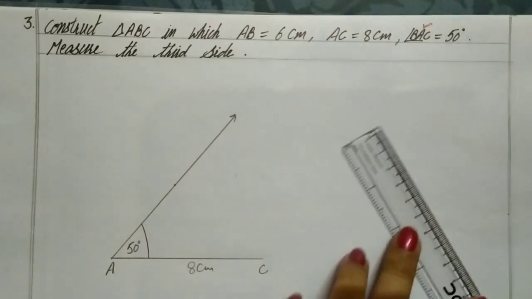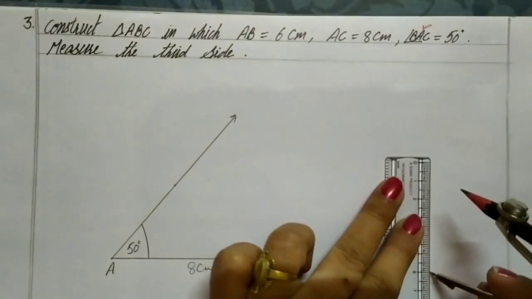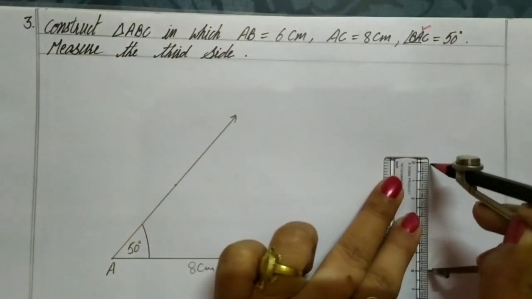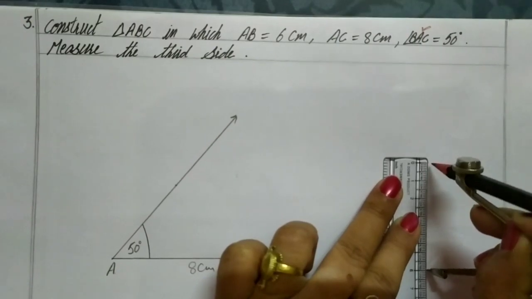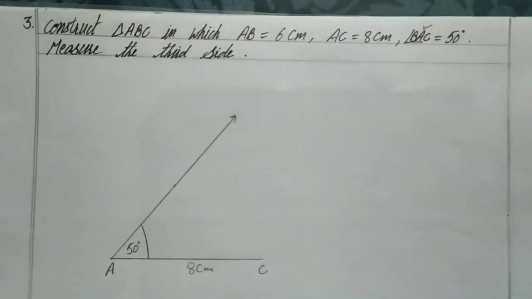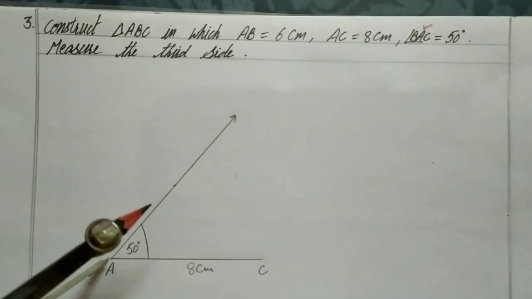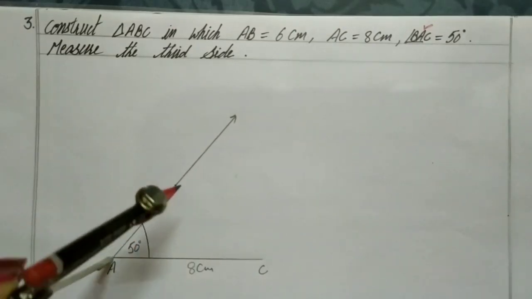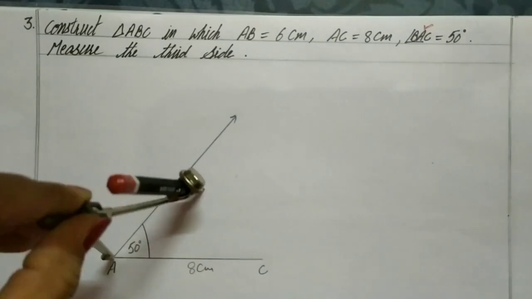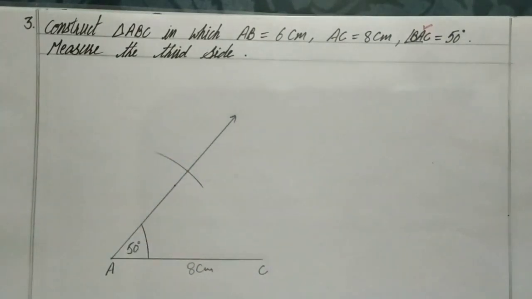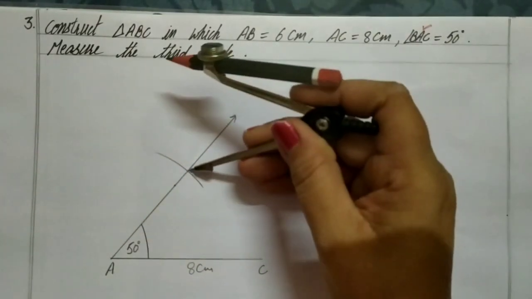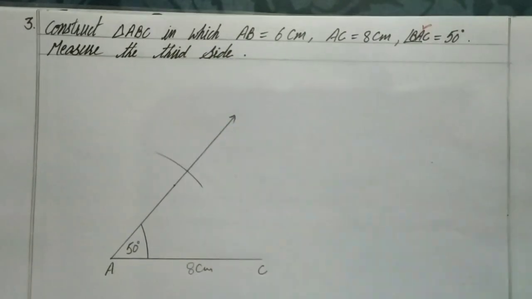So this is 6 centimeter. So put the pin of your compass at point A and mark a convenient arc of the circle over here. Right? So we have got the point B.